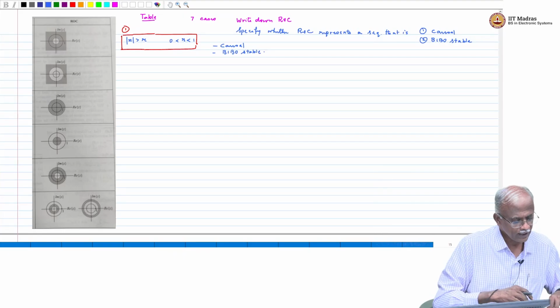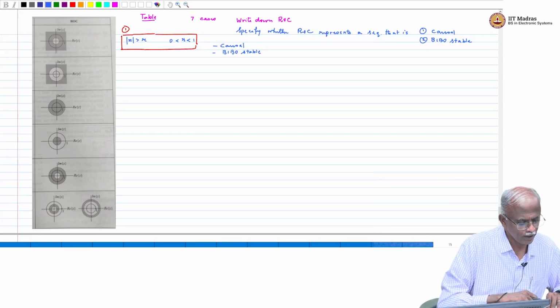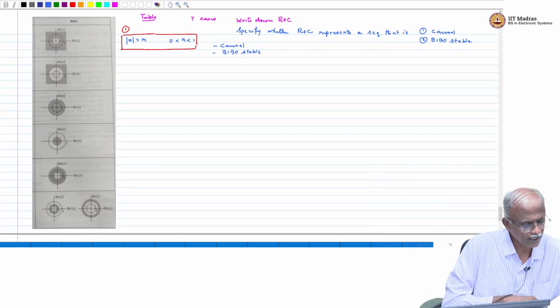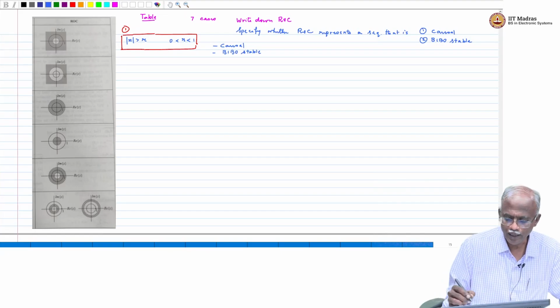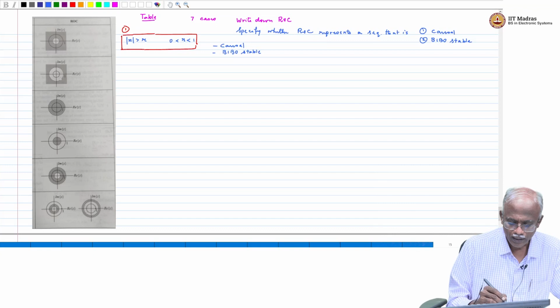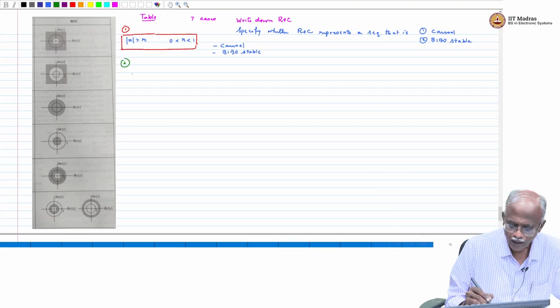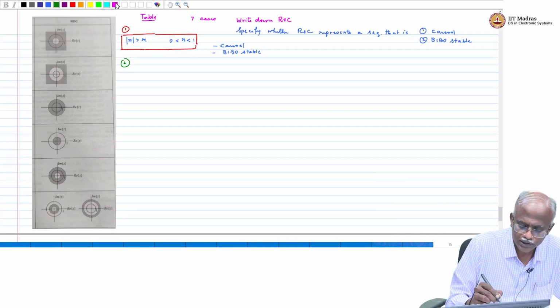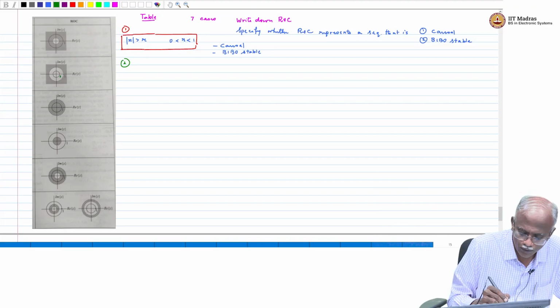Okay, so that is the type of expressions that I would like you to be able to write down for each of these. Okay, now look at this second ROC. The second ROC, actually there is a small mistake here. This is mod z equal to 1.